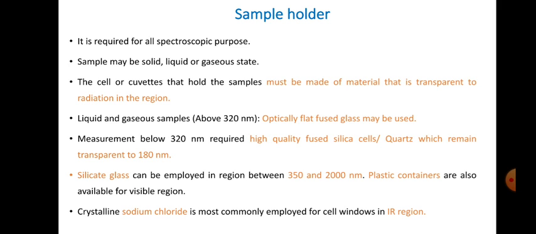The cell or cuvettes that hold the sample must be made of material which is transparent in the region which we are going to study. For example, if I am using visible radiation, I have to choose a material of construction that is not going to absorb the radiation.